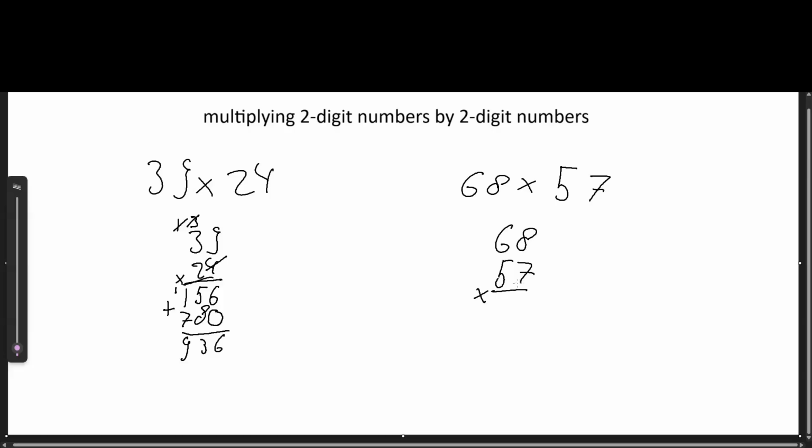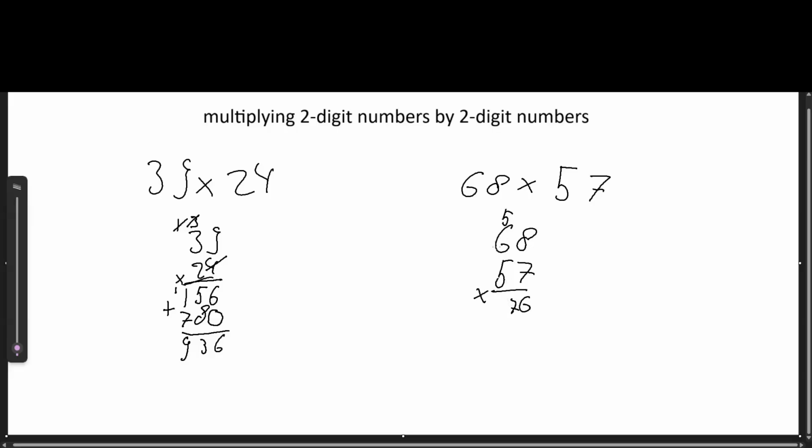So first of all, we're going to do 7 times 8 is 56. So you put the 6 right here, put the 5 on top to save it, and we go on to the next one. Now we get 7 times 6. 7 times 6 is 42, but you add the 5, so it gets 47, like this. 47.